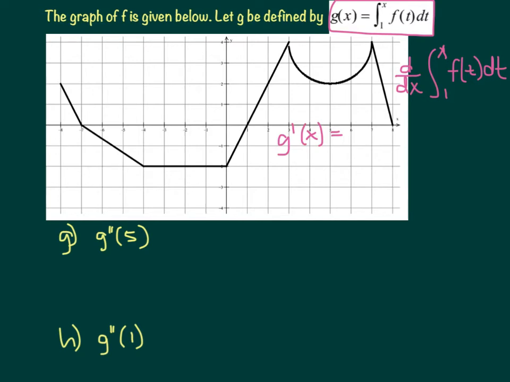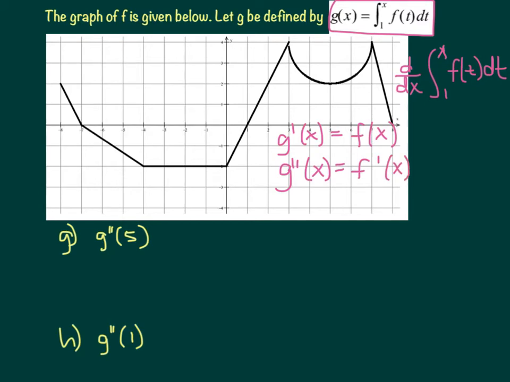Plug in your upper bound, f of x, and then take the derivative of the upper bound, so times 1. All right, so if that's g prime, then what is the second derivative? Well, g double prime would have to be f prime of x.